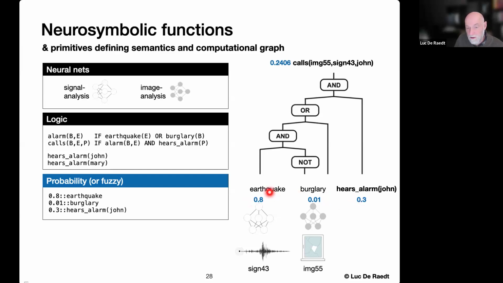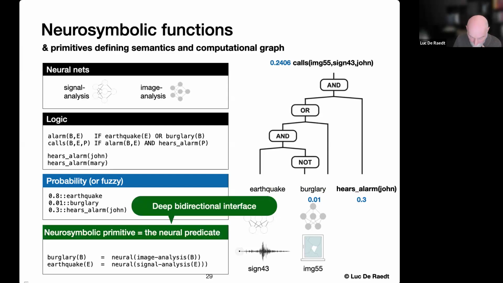Because if you introduce these probabilistic values there, we can now look at what this deep interface is, basically. And this is something we've called the neural predicate. It basically means that you take one of these neural networks and you interpret it as a predicate in logic, and not as just a predicate, but as a probabilistic predicate.